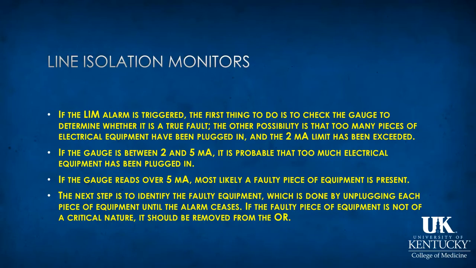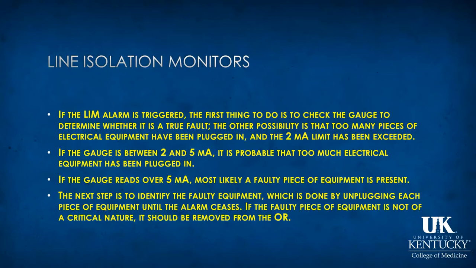Line isolation monitors can give false alarms, and the amount of the current that has been detected is variable, and it can indicate that too much electrical equipment has been plugged into the operating room.